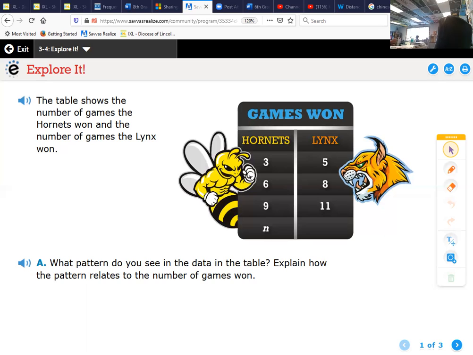14. Okay. Also, if you look here, this is also +3. But the big thing is that the hornets have always won 2 games more than the lynx. They win at the same time, except the hornets have won 2 more. Okay.